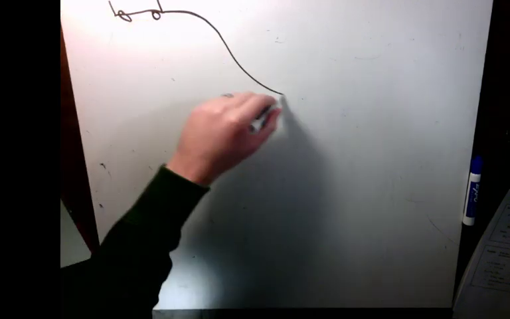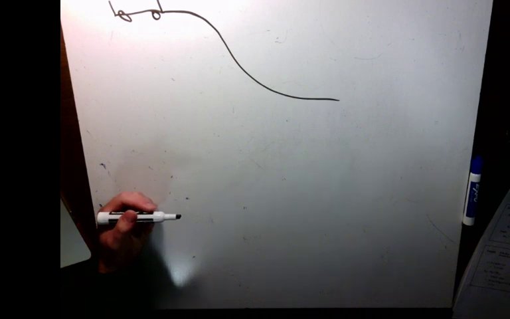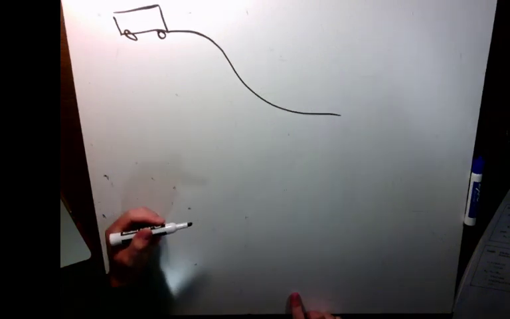All right, next one, we've got some carts rolling down a slope. The question's telling us that we should know that we have 0 gravitational potential energy at this starting position. In order for that to happen, we need to have 0 height, because this cart does weigh something and it is feeling the force of gravity.